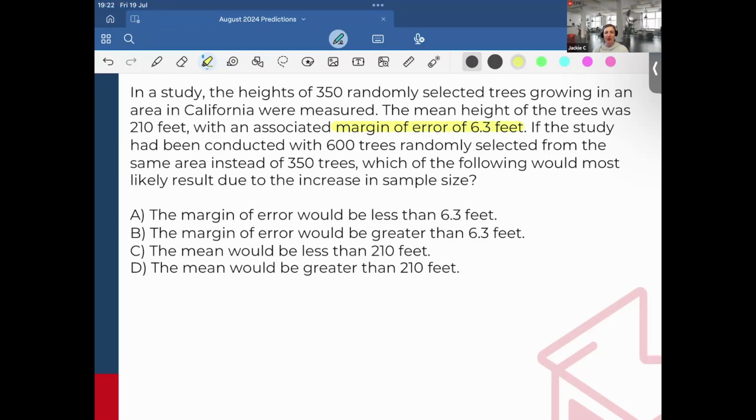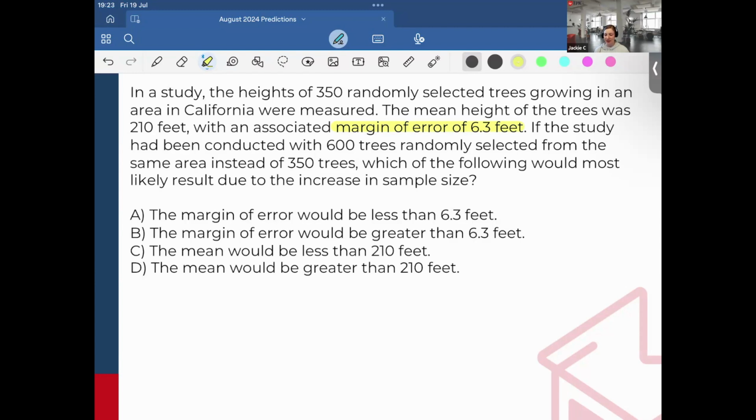All you really have to know for this question is the fundamental principle behind the margin of error, which is that margin of error decreases as the sample size increases. Why? Because a larger sample size gives you a more precise estimate of the population parameter, and it reduces the uncertainty.